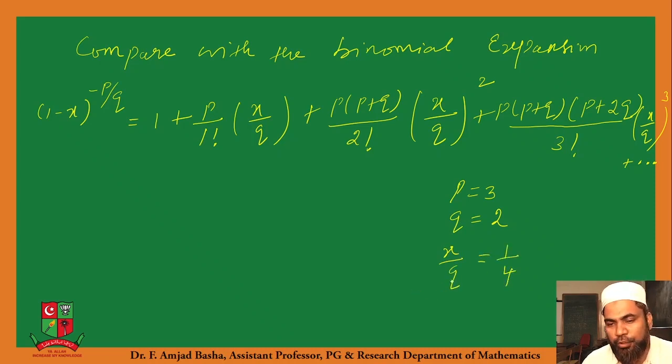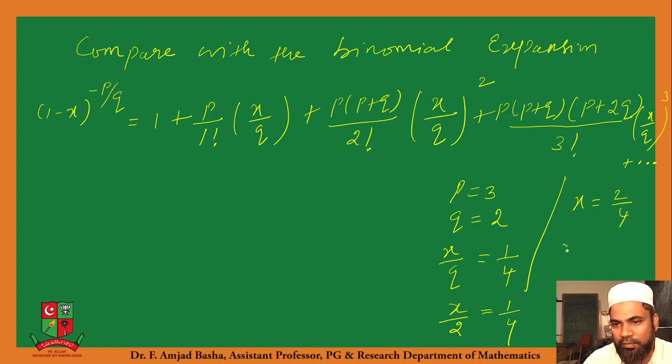So when you substitute your q value, you will be getting your x. So x by 2, which is equal to 1 by 4, which implies your x is equal to 2 by 4, which means your x is 1 by 2.